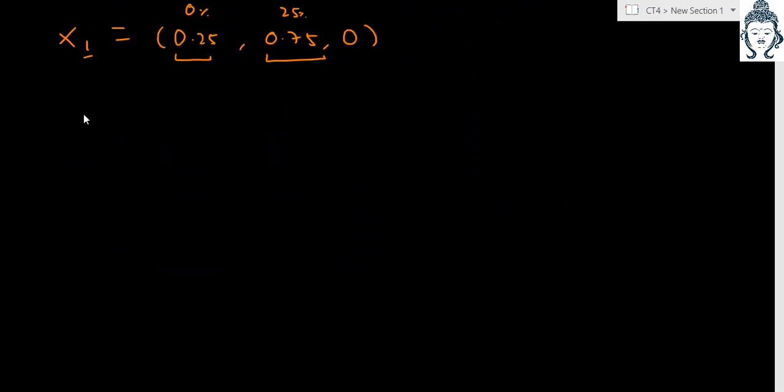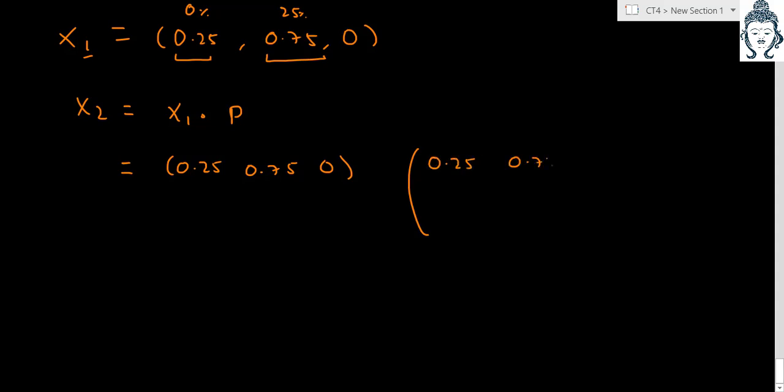Now next level, at time 2, I'll have x2, which would be same as x1 into p, right? So I'll multiply x1 and then transition it using p. So again this becomes 0.25, 0.75 and 0, and this is multiplied with this matrix that was 0.25, 0.75, 0, 0.75, 0, 0.25, and then 0.75, 0.25 and 0, right?